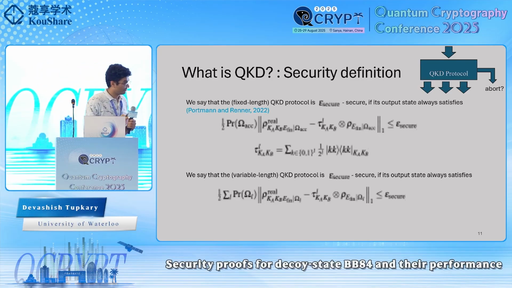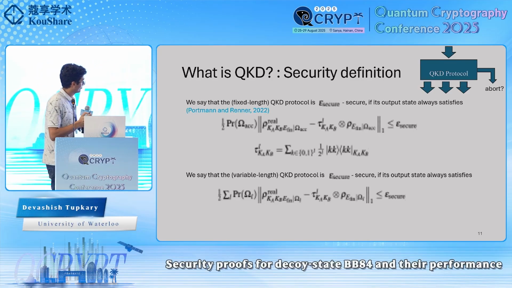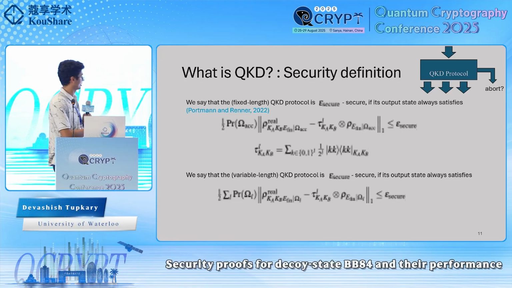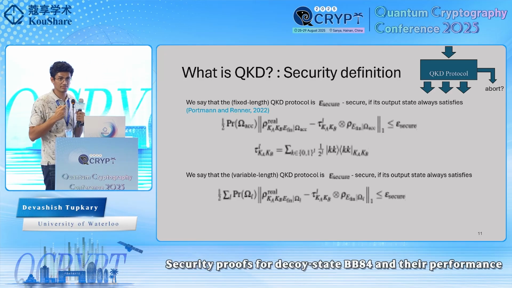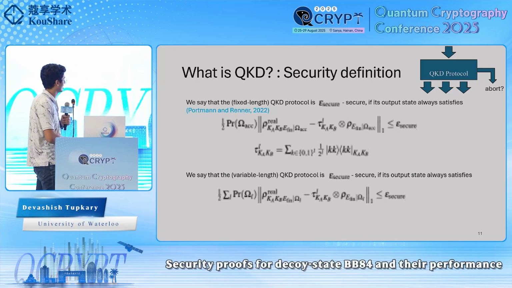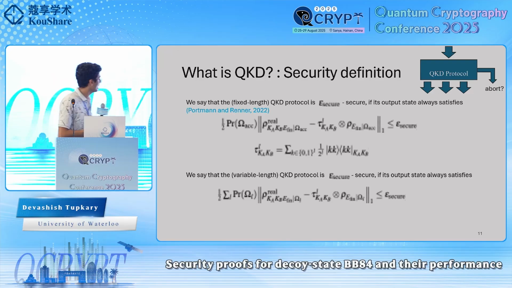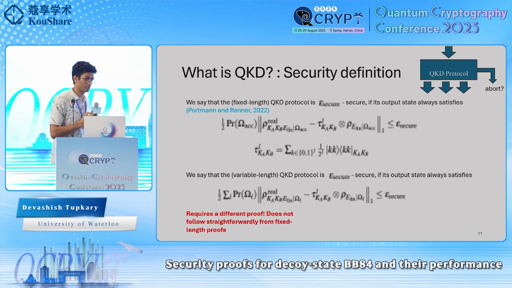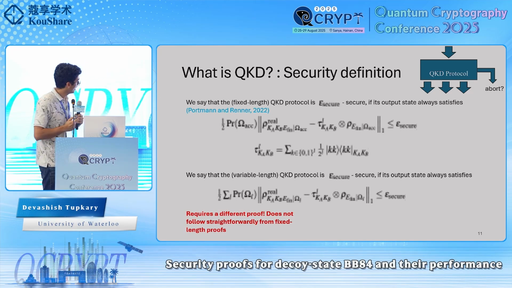Note that for variable length QKD protocols, the security definition looks slightly different. Basically, instead of just a single accept event, in which case we produce a key, we have many, many different events that end up producing keys of different length. So we have more such terms. And typically, you require a different, slightly modified security proof for proving security for variable length protocols.